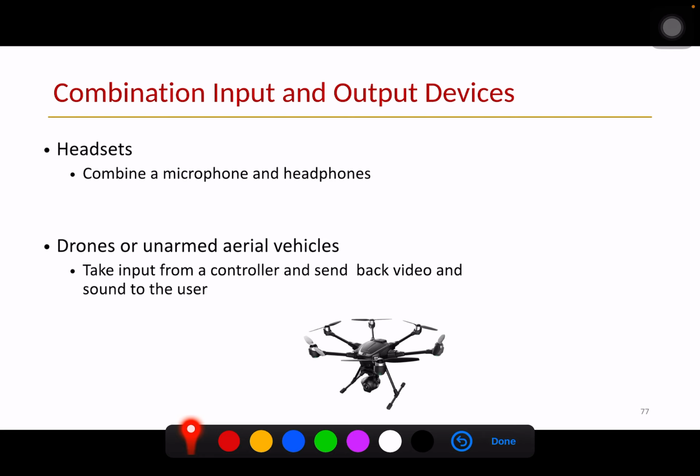The phone screen is also acting as an input device and also an output device at the same time. And then another one is the drone, or unmanned aerial vehicle. It takes input from the controller and sends back video and sound to the user. Meaning at the same time it receives input. There is a controller here, it receives input and then does something with the drone, and then it sends video back to the user. That sending back is the output.